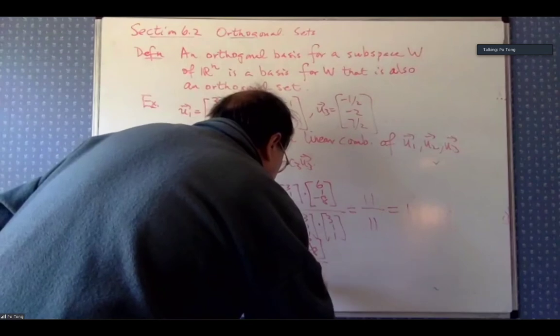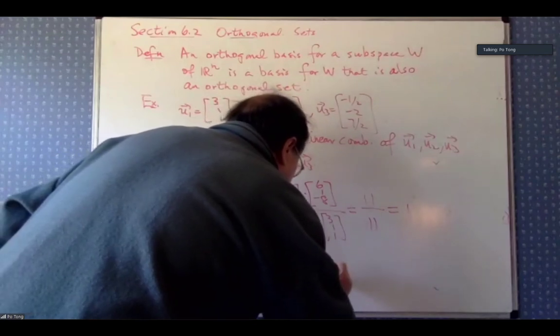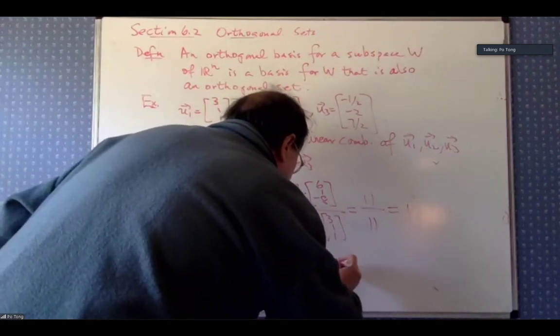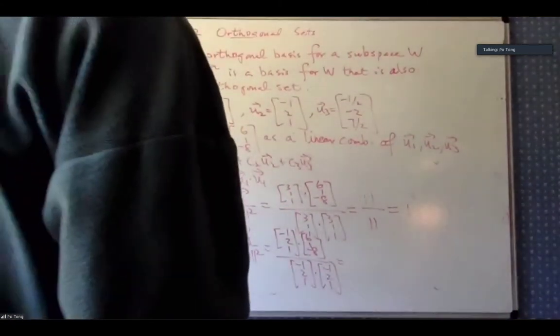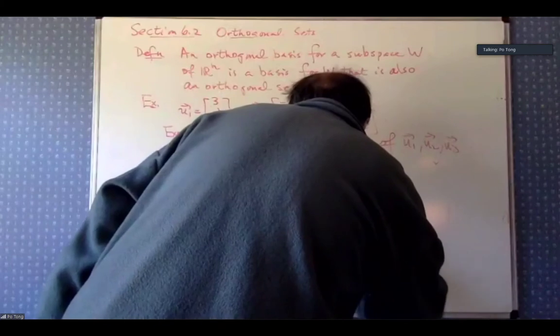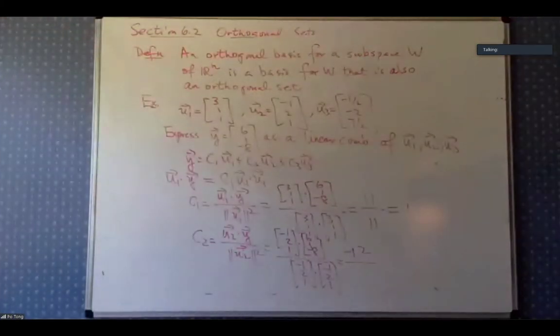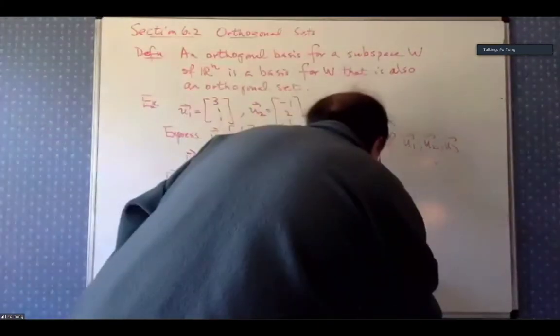This guy or this guy. Okay, 6 minus 4 minus 4 minus 12. 6. Okay.